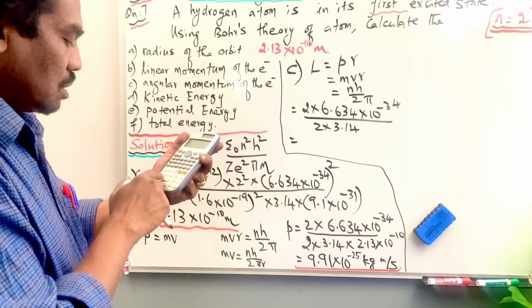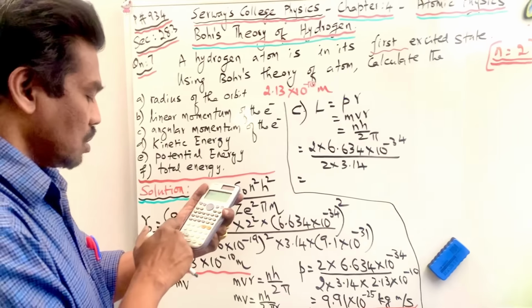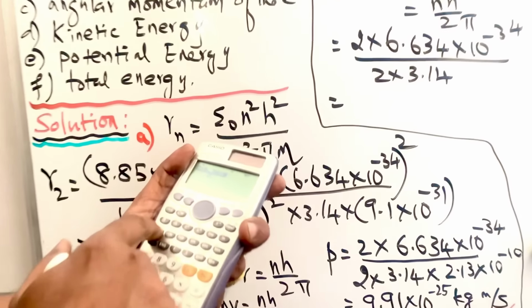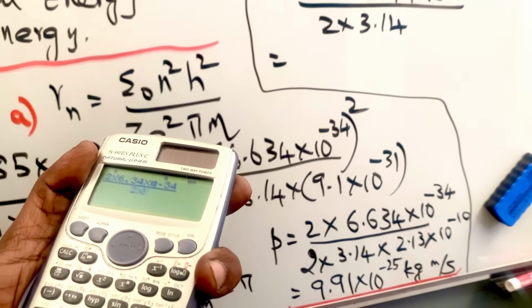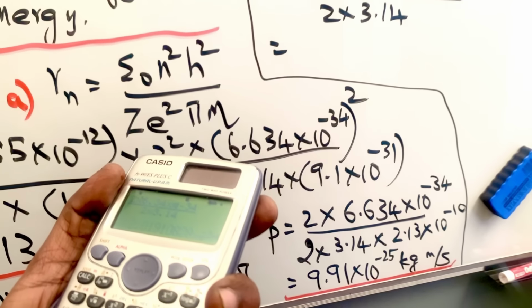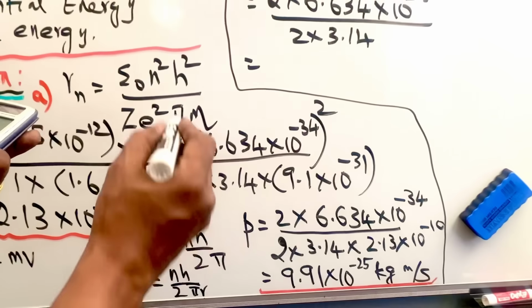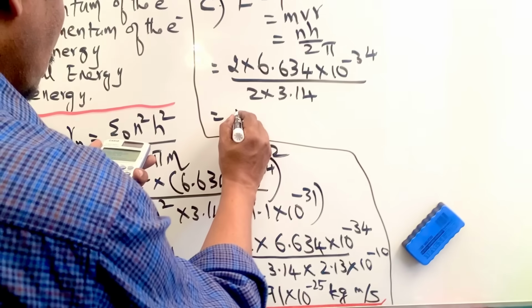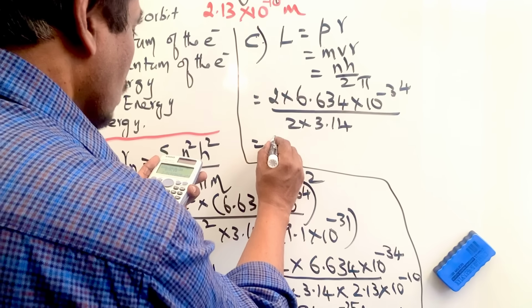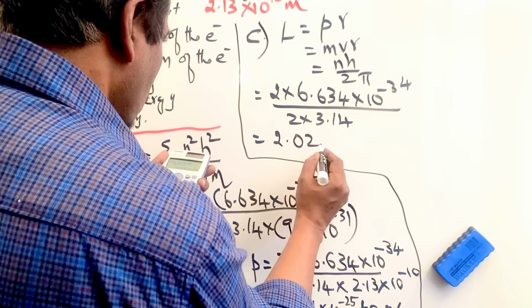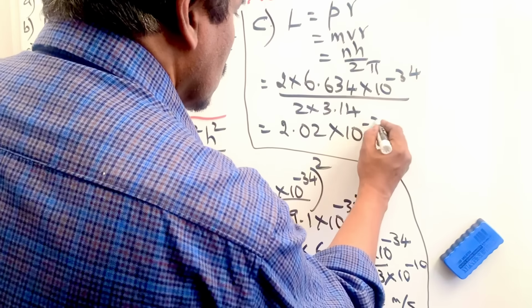So 2 times 6.634 exponential negative 34 over 2 times 3.14 will be equal to 2.02 times 10 to the power negative 34.